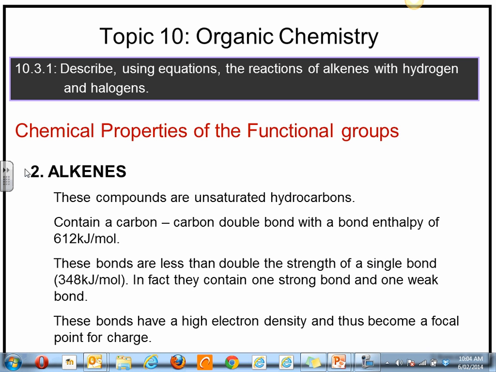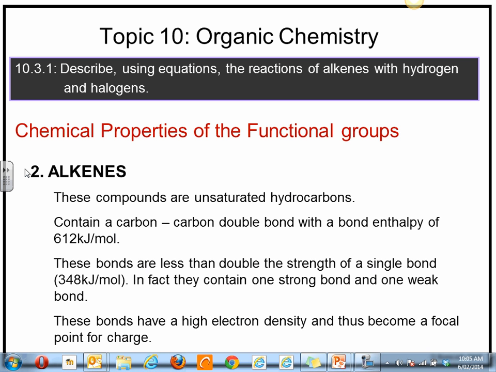So a double bond is not two lots of a single bond. A double bond is actually two different things. It's a normal single bond that looks like this: carbon bonded to carbon, where there are electrons directly between the two nuclei along what we call the internuclear axis, a line going through the two nuclei.